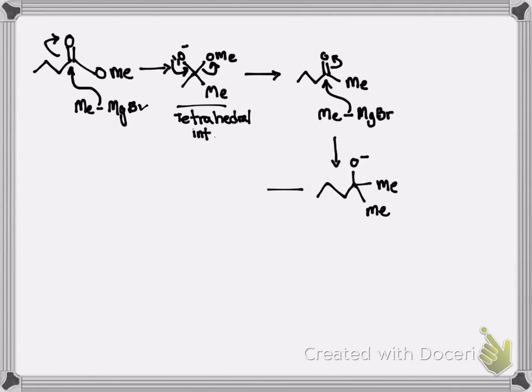And then the last step is usually something like HCl. We use HCl because what ends up happening when I'm going through this mechanism, you notice I didn't say anything about the MgBr, right? The MgBr actually stabilizes this negative charge and then sticks.